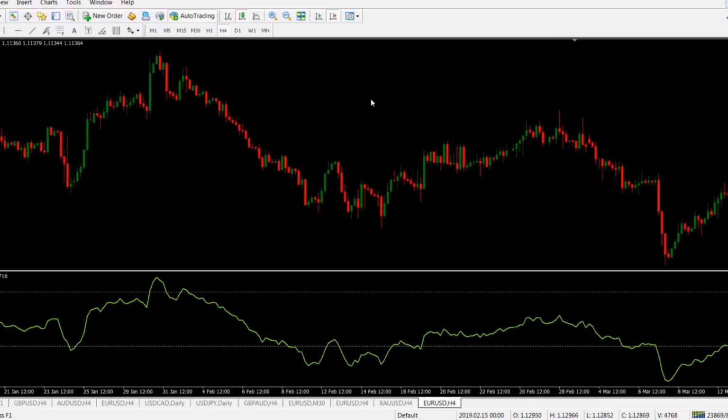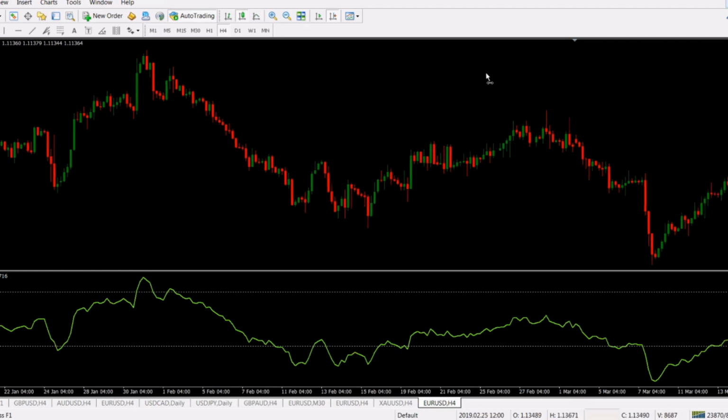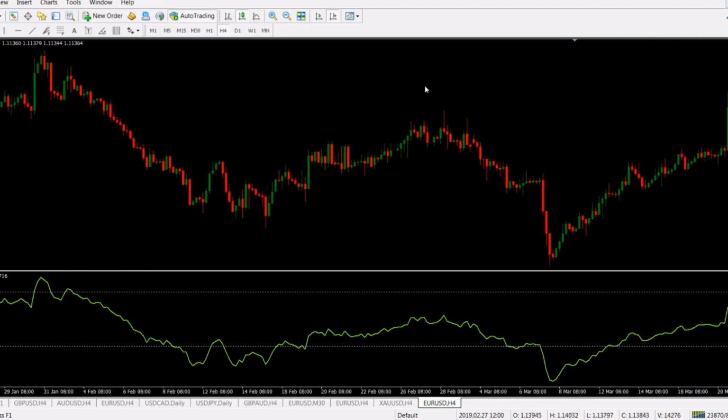So once again, 352 instead of the usual 14 or 21, whatever is there. And the levels are 111 and minus 111. Guys, I recommend this indicator. Try it. It's worth it. Happy trading.